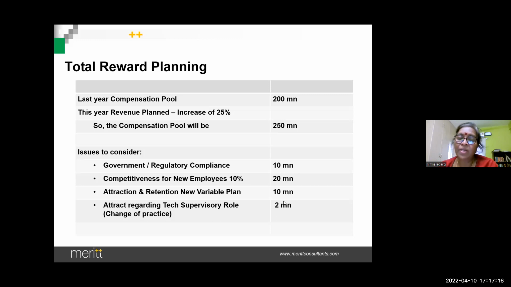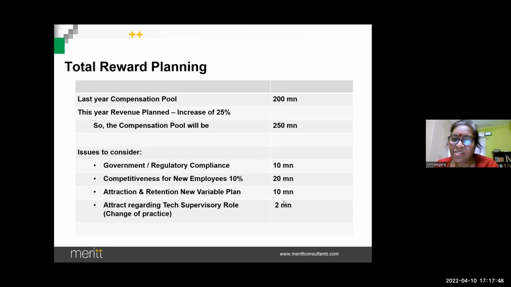Say, for example, the revenue plan is to increase by 25%. Obviously the compensation pool, or the wage cost pool, will correspondingly go up by 25%, which is equal to 50 million. Therefore, last year's pool is 200, and your new budget will be 200 plus 50, which is equal to 250 million. This is your budgeted figure.